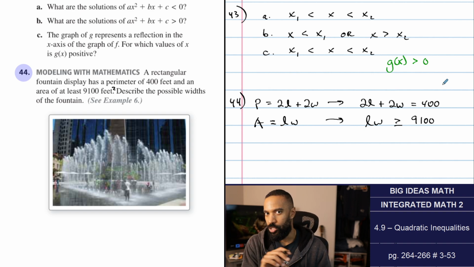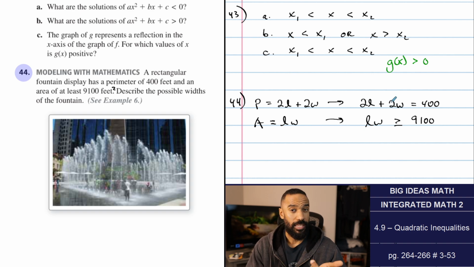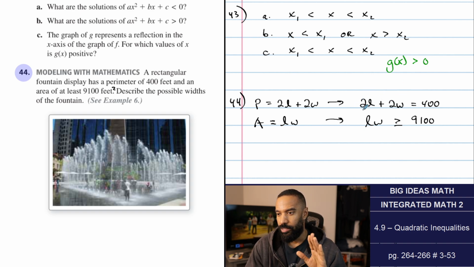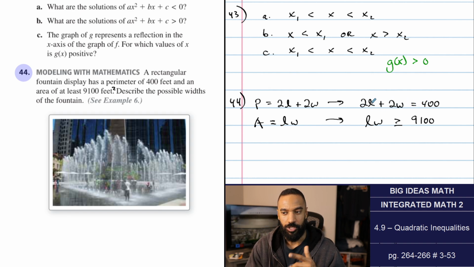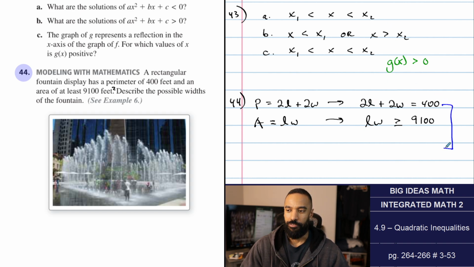What we're going to do, and this is what the example did at the time, I think they used the graphing calculator, so I'm going to do that too. We could solve algebraically. We will solve for one of these variables, L or W. I'll solve for L.